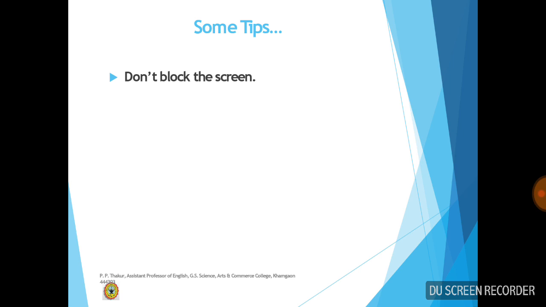So be aware that you do not block the screen, and do not pace up and down the aisle. Do not pace up and down between the rows of the audience. That will distract the attention of the audience, and they will feel uncomfortable and may not be able to concentrate on your talk.